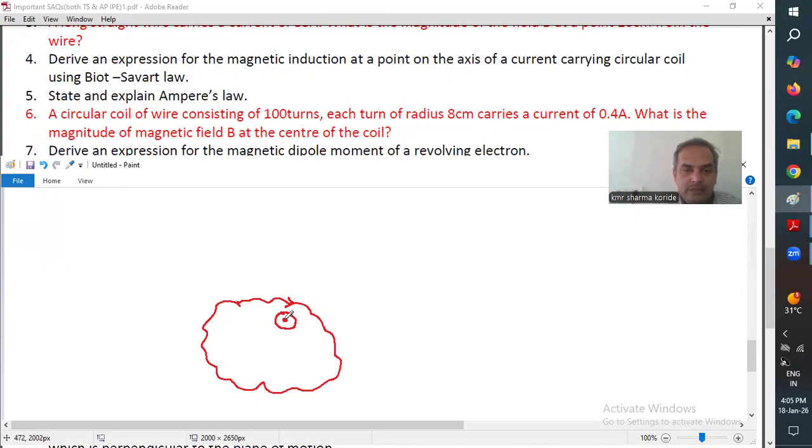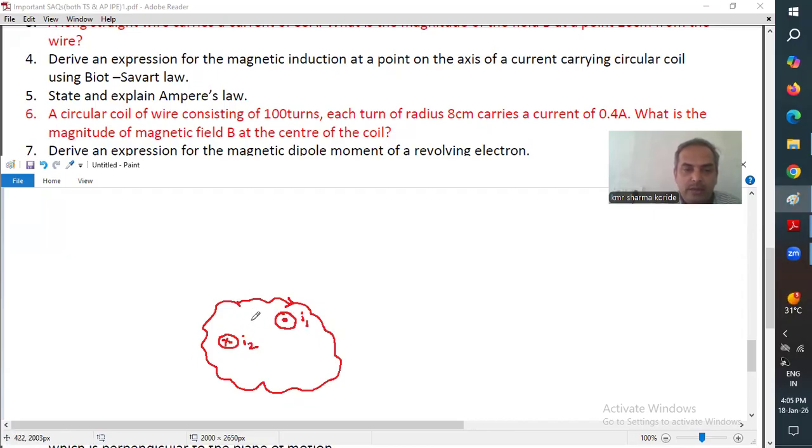You can consider this is positive. Let us say I1. So currents going into the plane of the paper, which are perpendicular, and currents going out of the plane of the paper, you can say this is negative. If you consider this is positive, this can be negative.